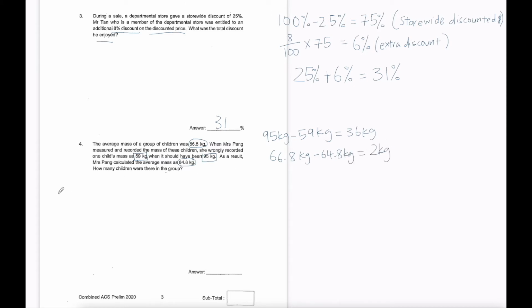If I were to draw a few children here, instead of them being 66.8 kg, what happens is Mrs. Pang made a mistake and they ended up being minus 2 kg. So they ended up being 64.8 kg.